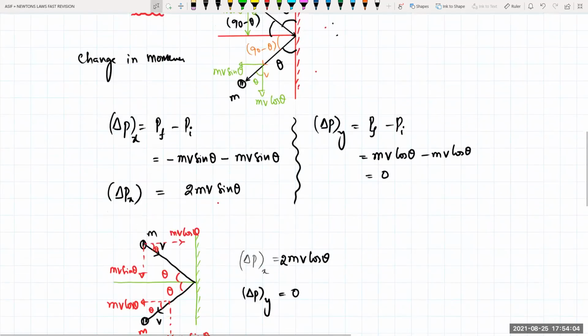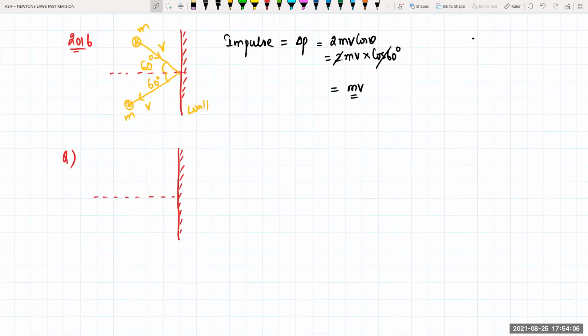Now, if I take one more question, same like this only. Say, for example, this is your ball here, and it is hitting here, and after hitting it comes out here. This is the velocity v, and it comes out with the same velocity. It is making an angle of 30 degrees with the wall, and here it is making 30 degrees with the wall. Now, the question is: what is the average force acting on the wall?